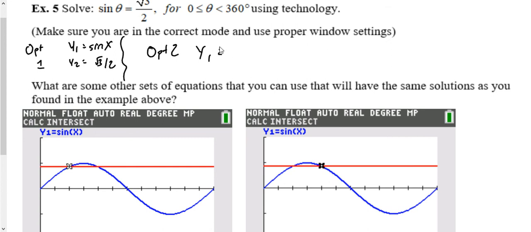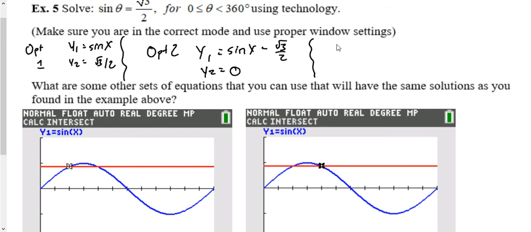So y1 would now be sine x minus root 3 over 2. Then you'd find the x-intercept, or you can go y2 equals 0 and just find where these two lines cross.